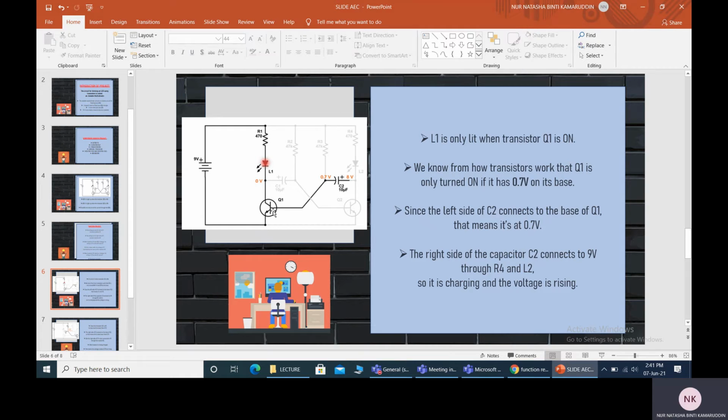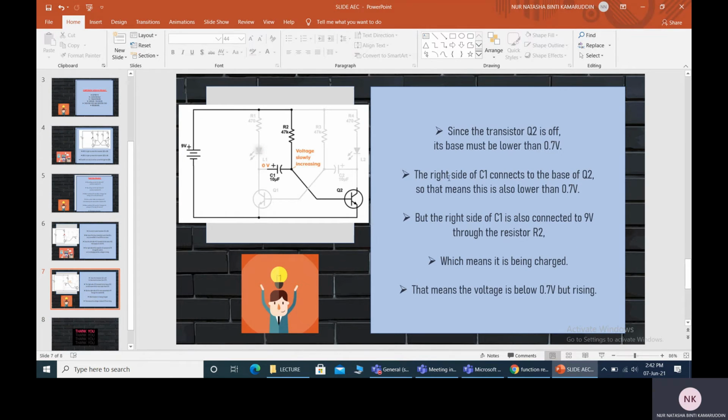Since the left side of C2 connects to the base of Q1, that means it's at 0.7 volt. The right side of the capacitor C2 is connected to 9 volt through R4 and L2, so it is charging and the voltage is rising.